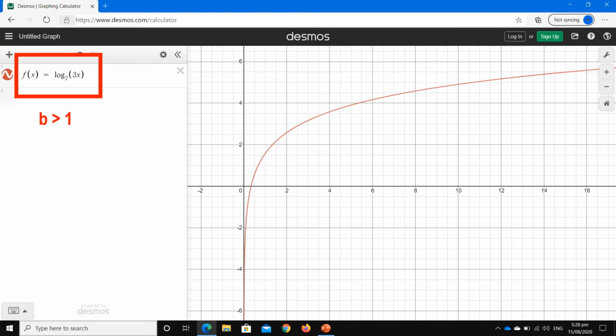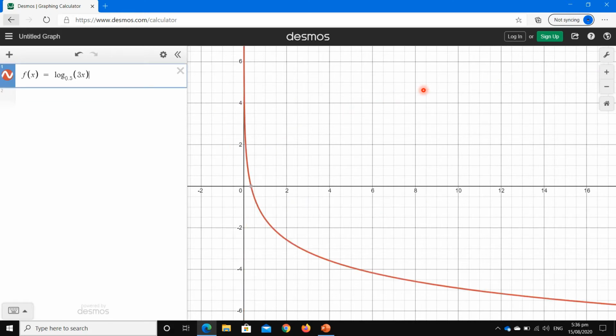Our value of b here is positive 2, which is greater than 1. So we can see that this function produces this graph. Now let's see the values of x and y. As x is increasing, from 0 to positive infinity, we can also see that y is increasing, from negative infinity to positive infinity.